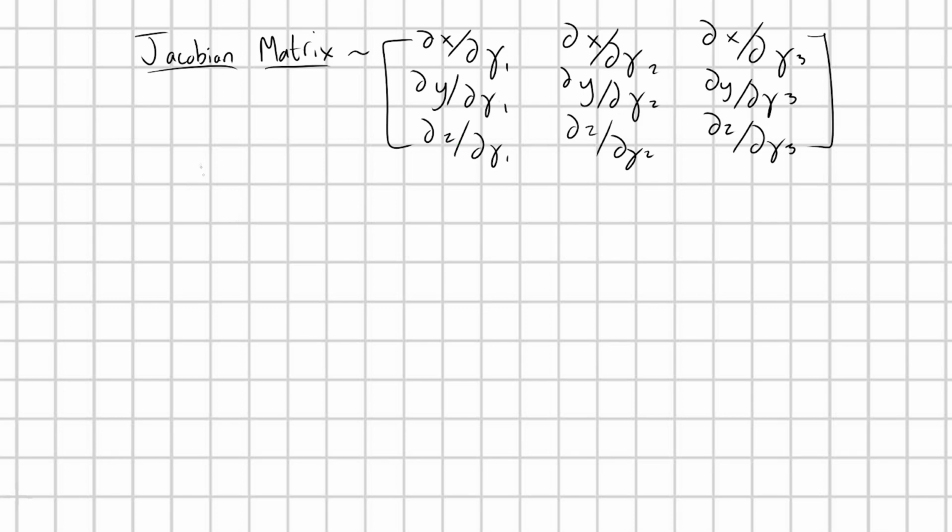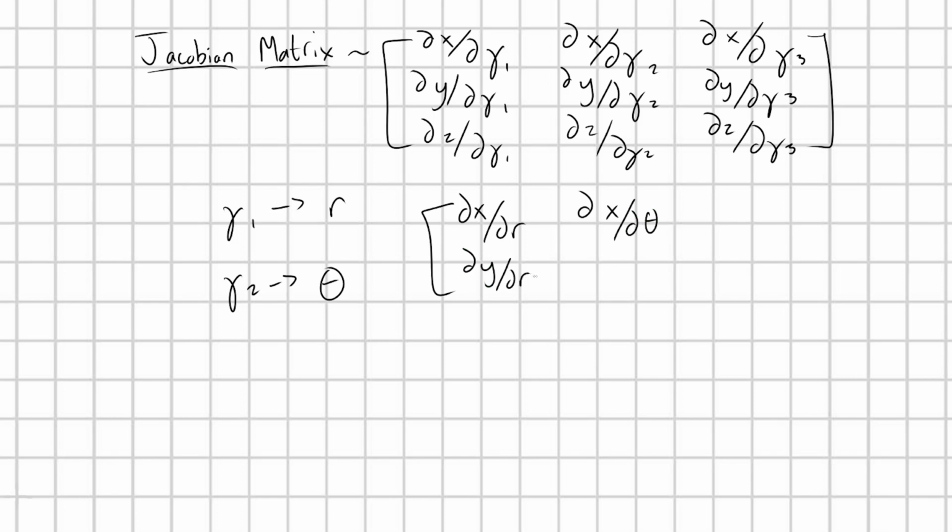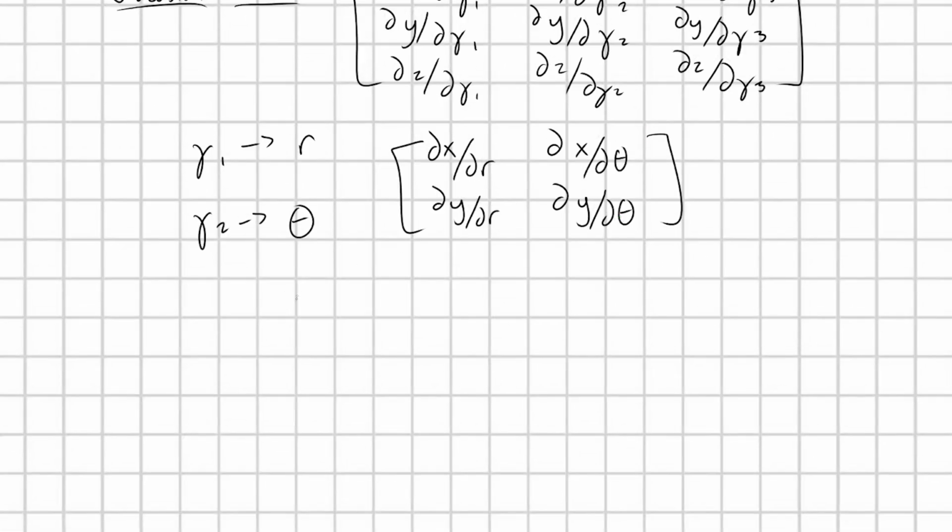I'll go ahead and talk about that in a second, but let's just really quickly calculate this out. So in our case, really we have 2 coordinates, so gamma 1 would go to r and gamma 2 would go to theta. So we have dx dr, dx d theta, dy dr, dy d theta. Okay, and all that we need to recall is our expression for x in terms of r and theta, which was x equals r cos theta, and y in terms of r and theta, which is r sine theta.